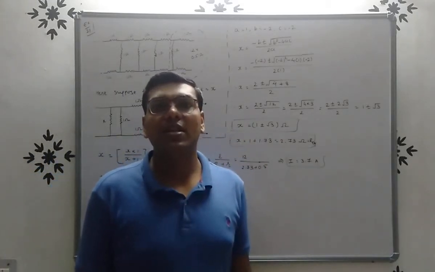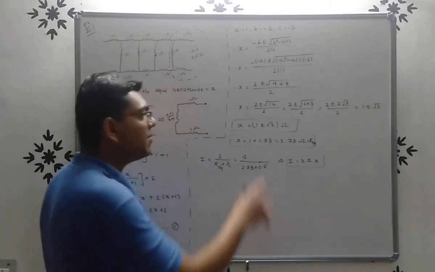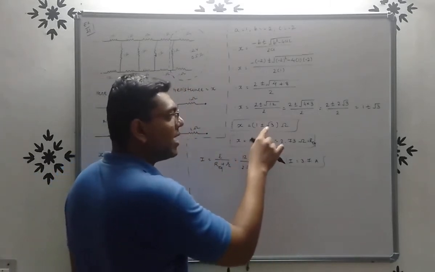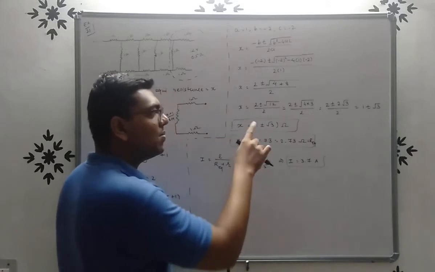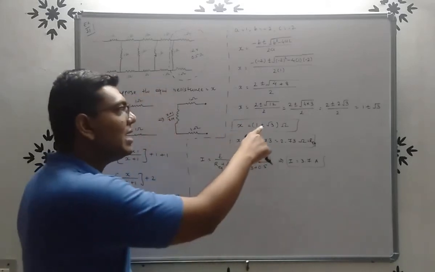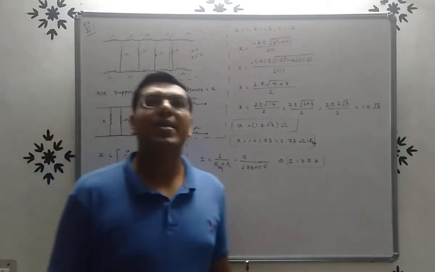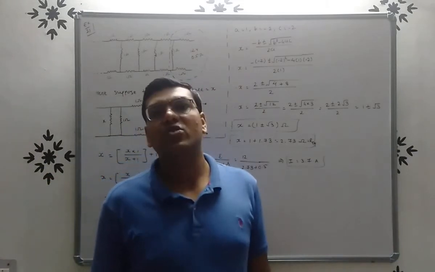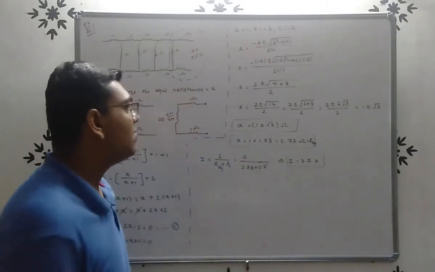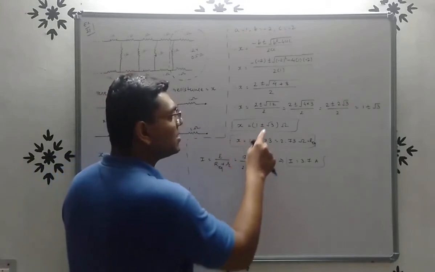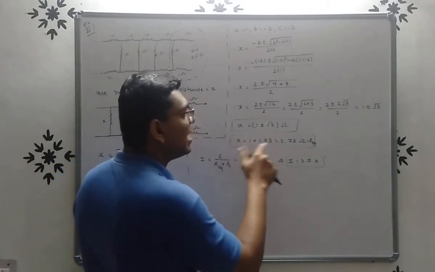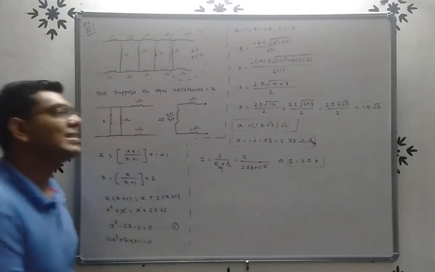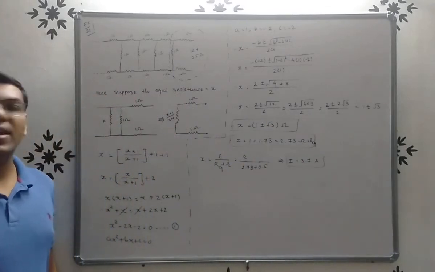But we know that the value of root 3 is 1.73. So here 1 plus or minus 1.73. But if we take negative, the answer will be negative. That is not possible. So here we add x plus 1.73. So we get equivalent resistance x is equal to 2.73.